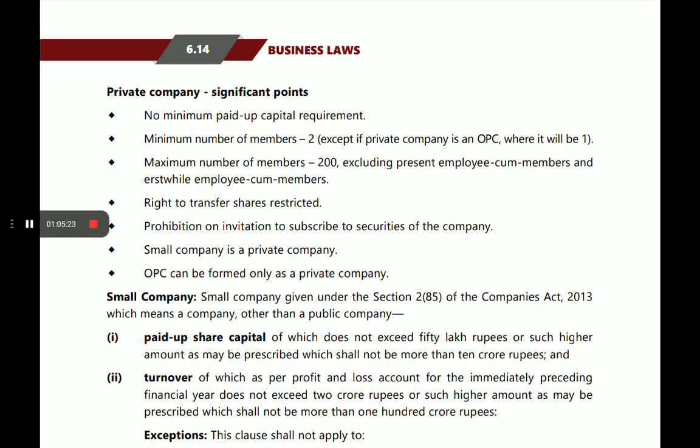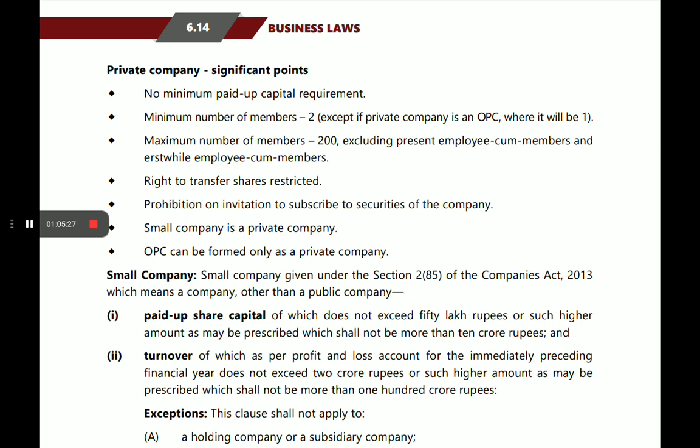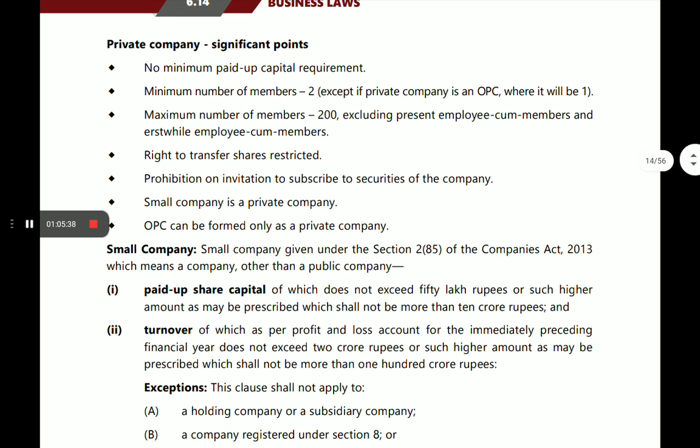Right to transfer shares restricted. Prohibition on invitation to subscribe to securities of the company. A small company is a private company. OPC can be formed only as a private company.